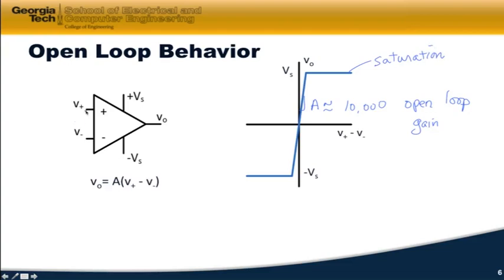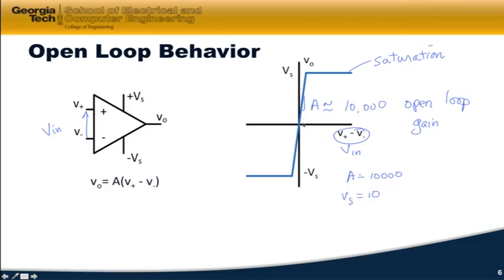And oftentimes, we look at the input to this circuit as Vn, and it's a difference between these two values. So this would be called Vn. So with a very small value of Vn, it saturates. Now let's do a quiz on that value. Now in the quiz, we had A is equal to 10,000, and we had V sub S is equal to 10.